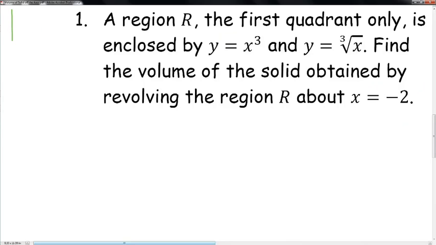We're only talking about the first quadrant. And so if I have y equals x cubed, that looks something like this. If I have the cube root of x, it looks something like that.